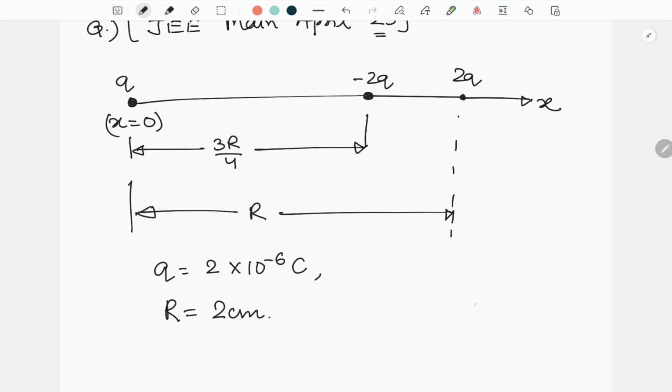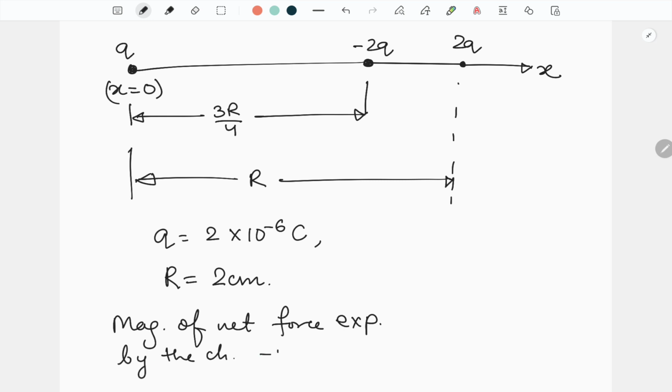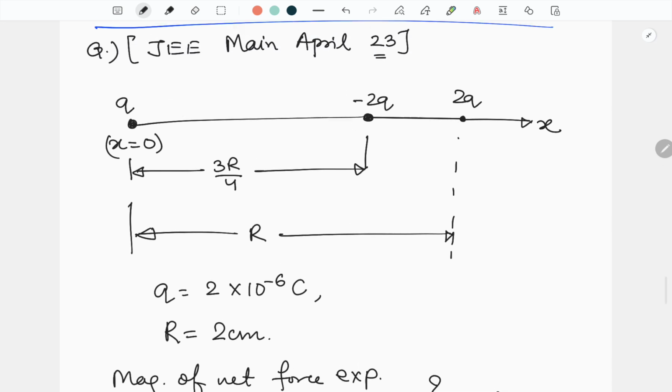It is asking the magnitude of net force experienced by the charge minus 2Q, in Newton. How much it will be, it is asking. Okay, so this was the question asked in JEE Main April.